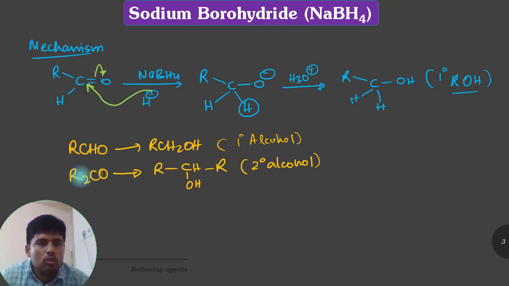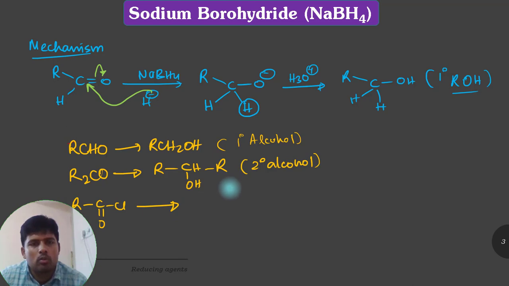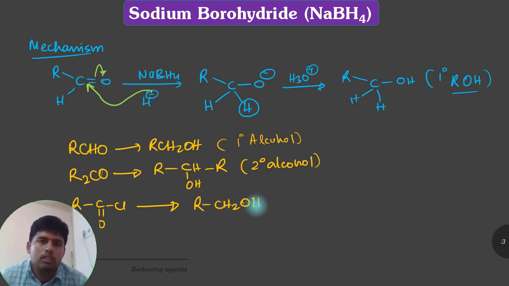Then we also know that, instead of R2, let us take it as R, C double bond OCl. So acid halides are going to be converted to RCH2OH.